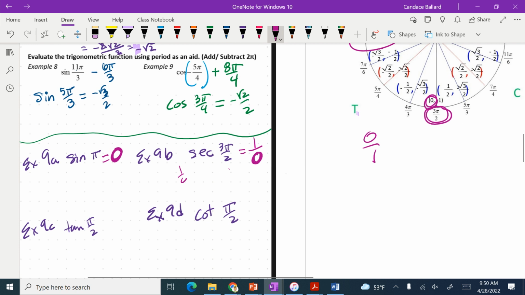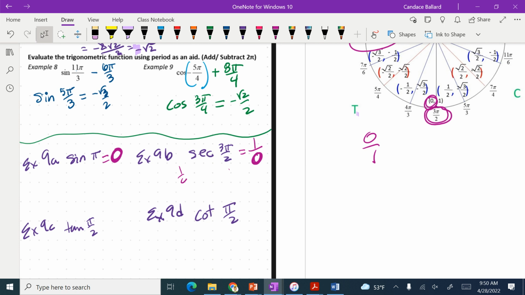Isn't that a problem? Are we allowed to divide by 0? If we divide by 0 and leave it on our paper too long, it will explode. So we can't have that happen, right? We don't want the fire alarm to go off again. All right, so whenever you see that, you write undefined. So sometimes our answer is going to be undefined. Sometimes it's going to be 0.